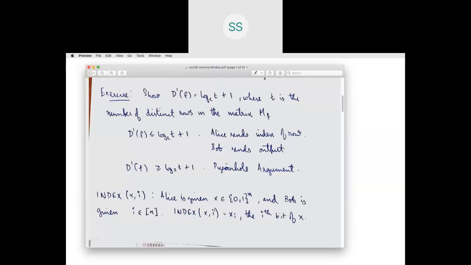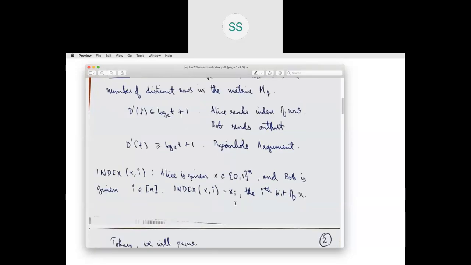Index of x comma i is nothing but the ith bit of the input x. So x is an n-bit vector, and Bob holds an integer i from 1 to n. Index of x comma i is the ith bit of x, the input that Alice is holding.